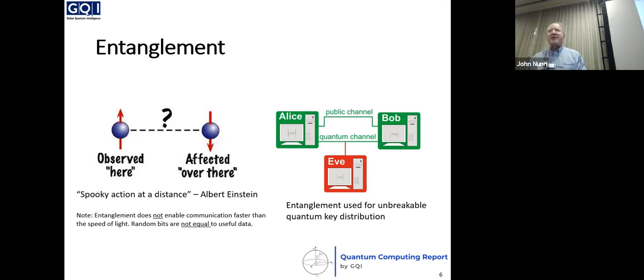This does not allow you to do communication faster than light, but it is a phenomenon that we see, and people take advantage of that for both quantum computing as well as creating quantum networks. Just like we have an internet today, people are now doing research on the quantum internet that will exchange these entangled particles to communicate information.